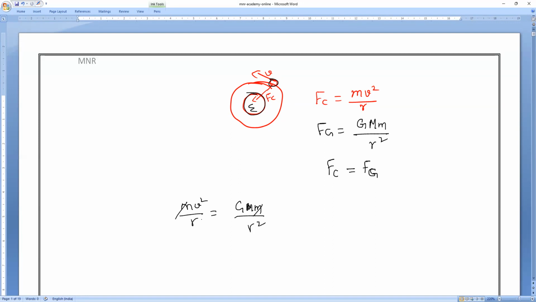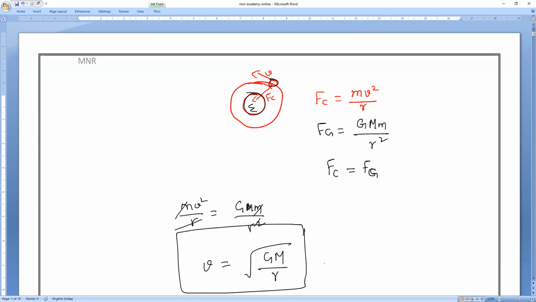Small m will get cancelled, r will get cancelled. So v is equal to root over GM divided by r. This is the formula which we got in our last class, for orbital speed or orbital velocity.